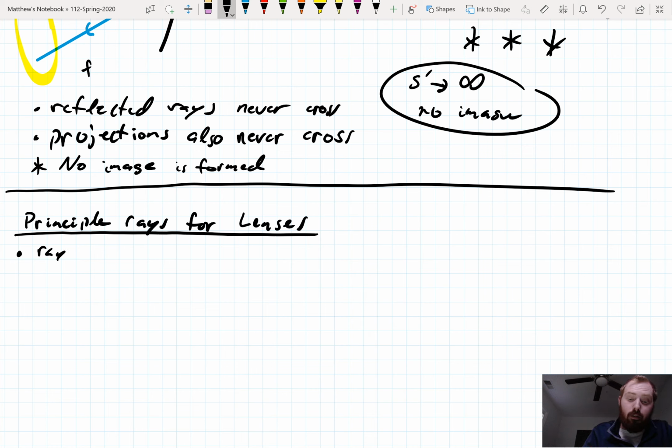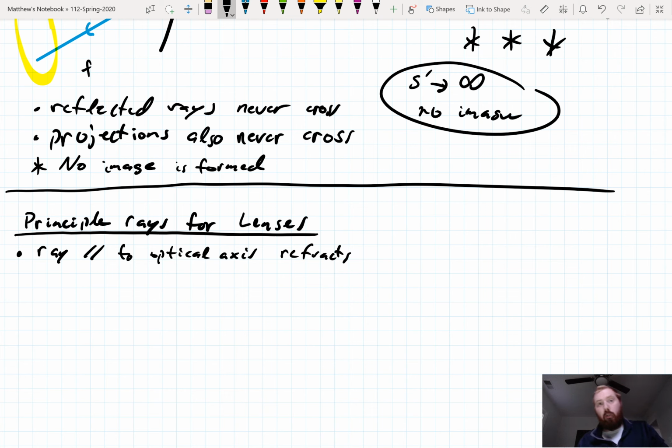If the ray is parallel to the optical axis, well, then it refracts. Mirrors reflect, lenses refract. If you're parallel to the optical axis, then refract through the second focal point.